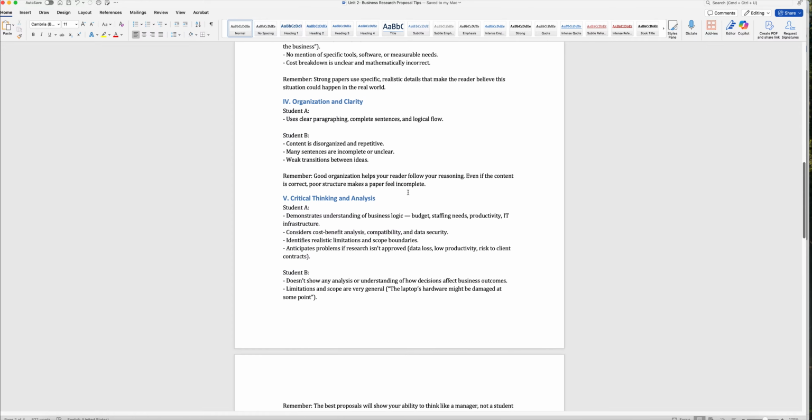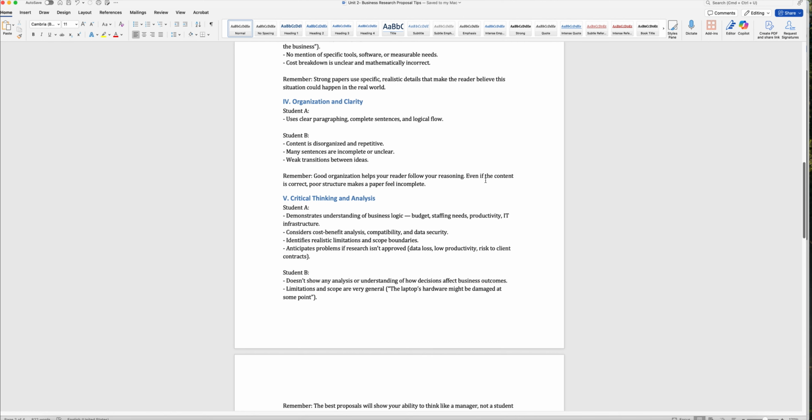Very, very important: organization and clarity. All of your paragraphs and your phrasing should be clear, make sense, and be easy to understand. Remember, I am reading this as a person. I'm not sitting here talking to you, and I'm not looking at your face. I'm not using anything other than what you've written on the paper to determine if you understand the assignment.